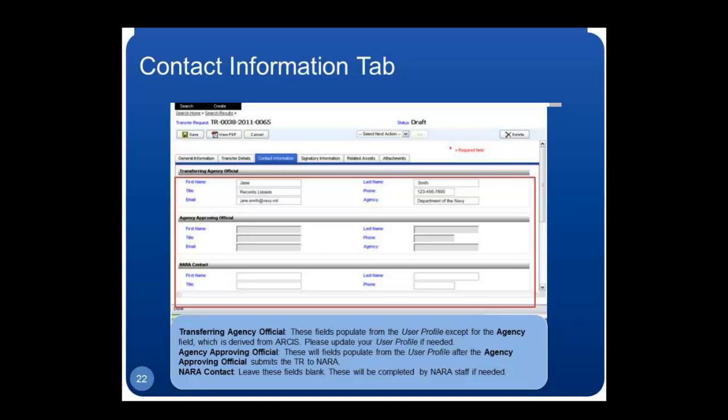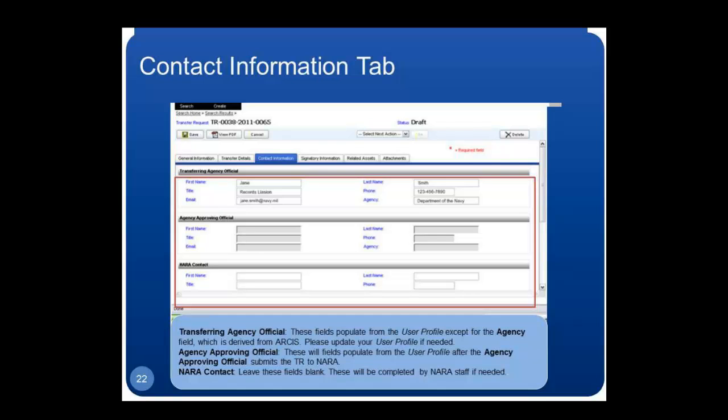If it is incorrect, you have the option, by the way, at the very top of your ERA screen, there is a link where you can go into your own user profile and update your title, or if your email address has changed, or if your phone number has changed, you can update those things in there.